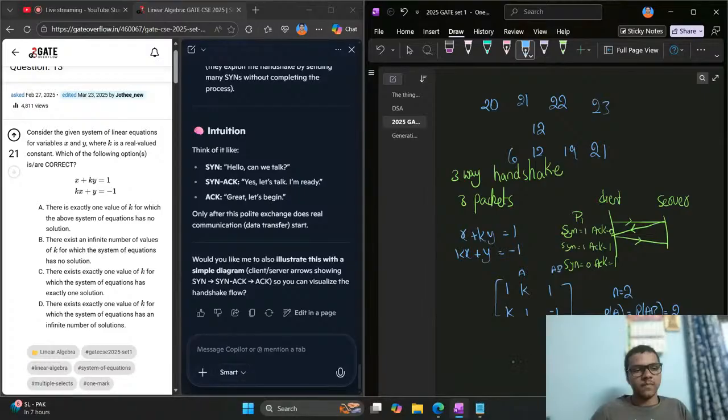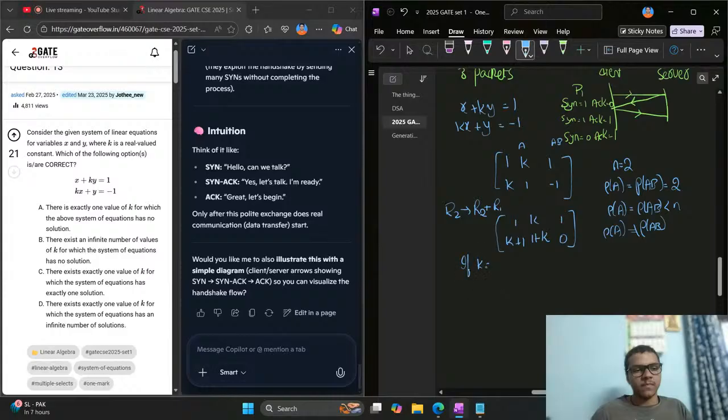So if you simplify it, R2 goes to R2 plus R1. If you do this, right, 1 k 1, then k plus 1, 1 plus k and 0. It will be reduced like this.